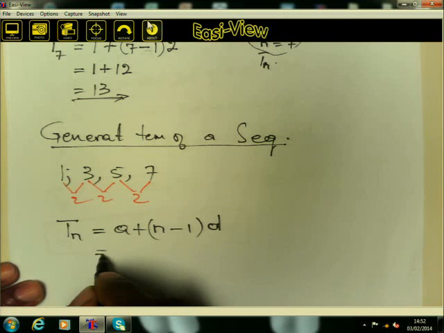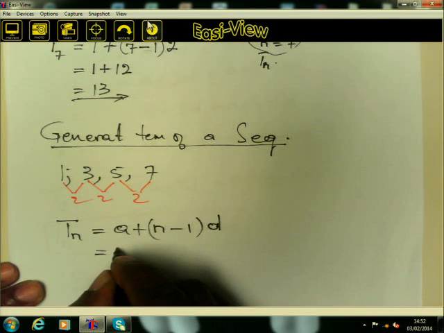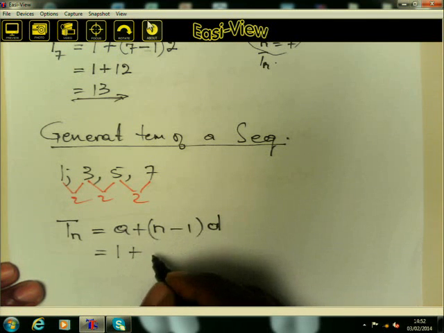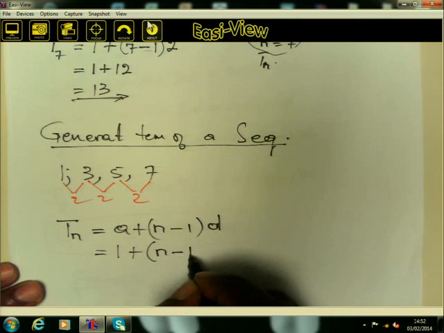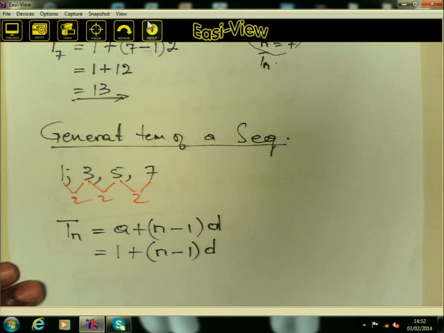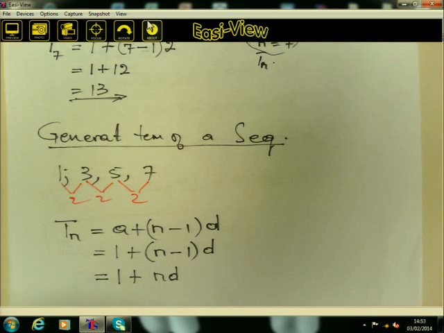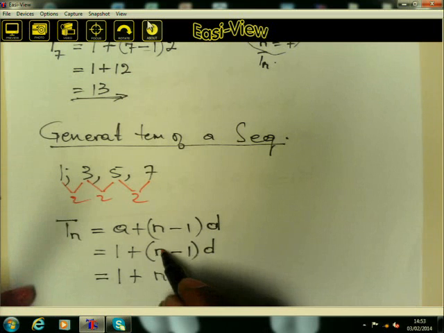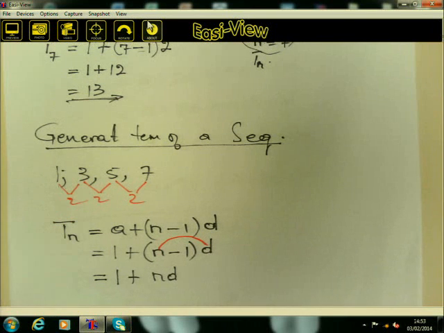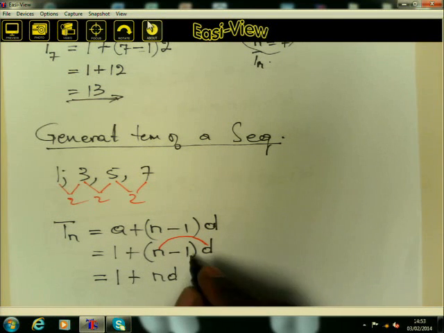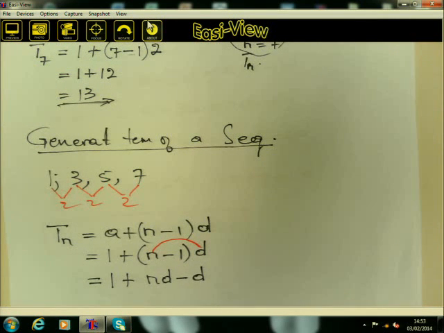We know here that our first term is 1, added to n minus 1 multiplied by the common difference. So as we continue, you multiply this by that one, we get nd, and then ultimately you get a d there.